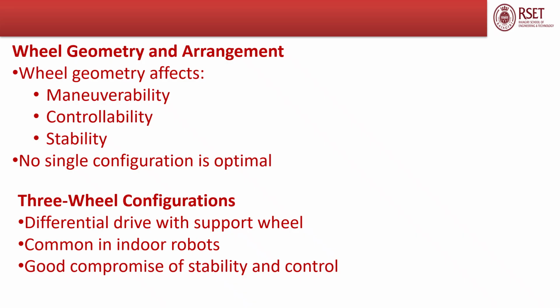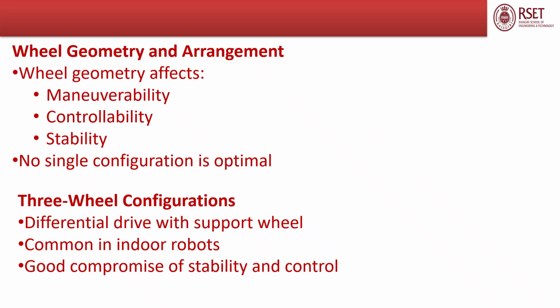For example, fewer wheels reduce mechanical complexity but may compromise stability, while more wheels improve stability but increase design complexity. Designers must therefore select a wheel arrangement based on the intended operating environment.